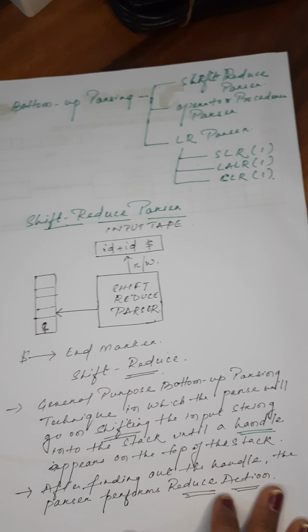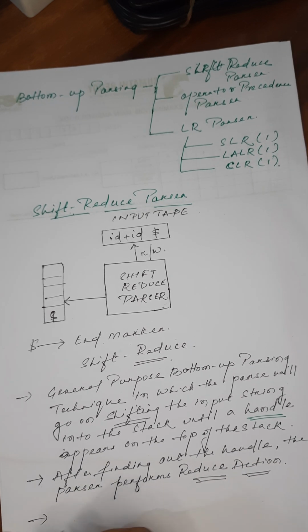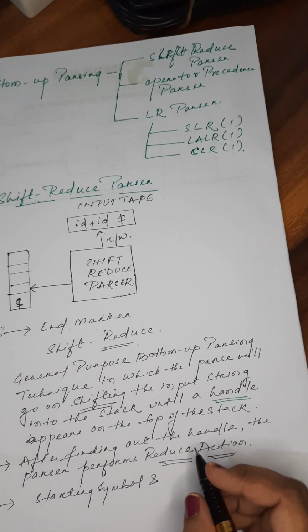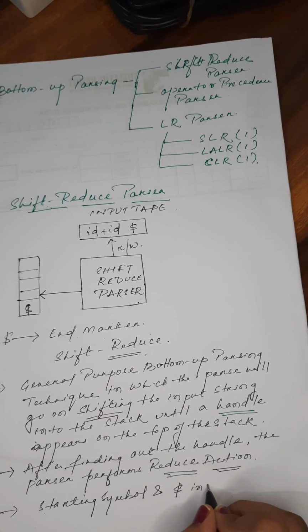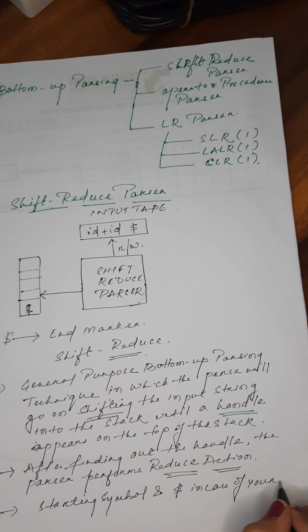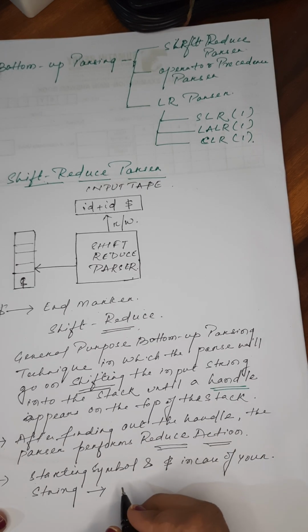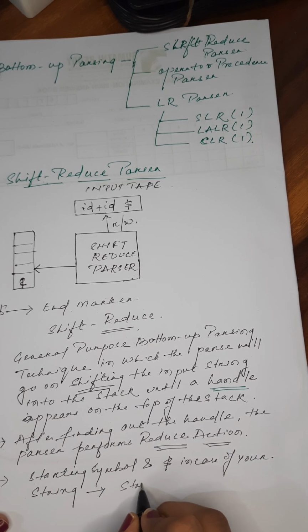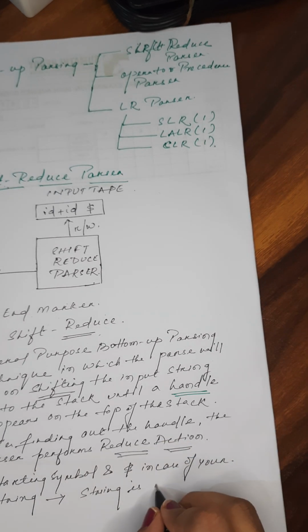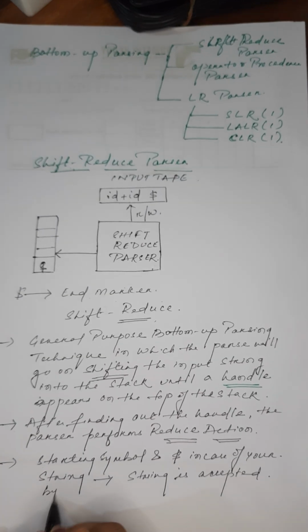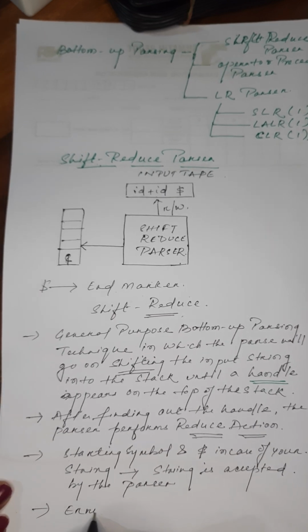That means if you are able to reach the starting symbol and dollar in case of your string, then we call it that the string is accepted by the parser. Else it will show an error.